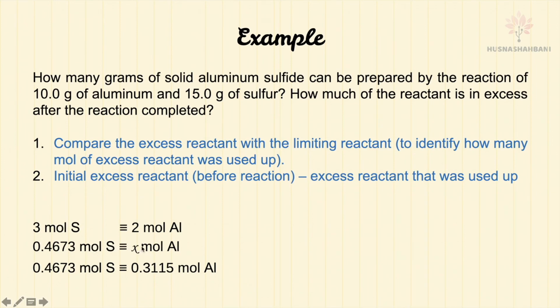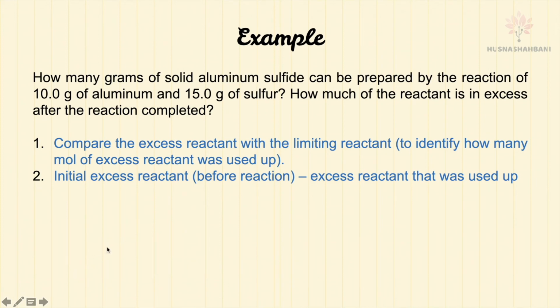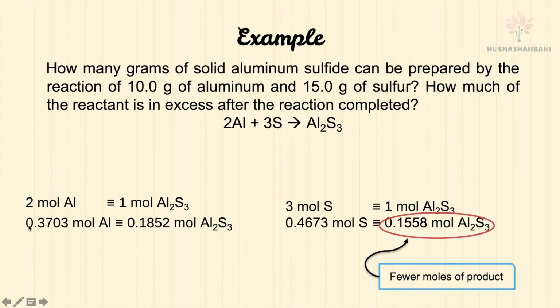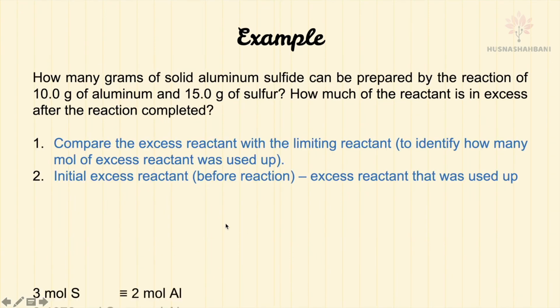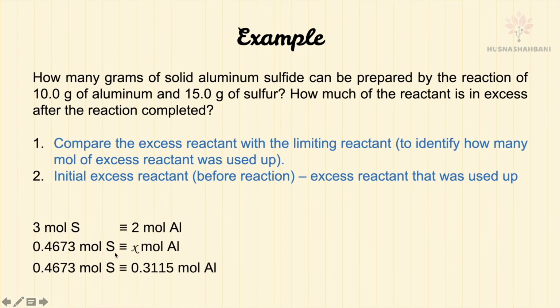Don't put the number of mole of Al, which is the actual number of mole. We're not taking directly from this number of mole. It's not 0.3703 because this is the excess number of mole. We want to know if this is the limiting number of mole. We need to know how many number of mole of Al when this is the limit. So that's why you do the cross multiplication.